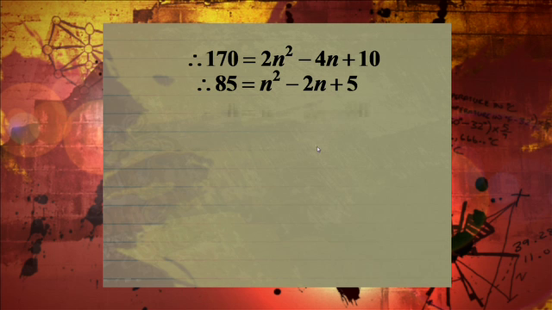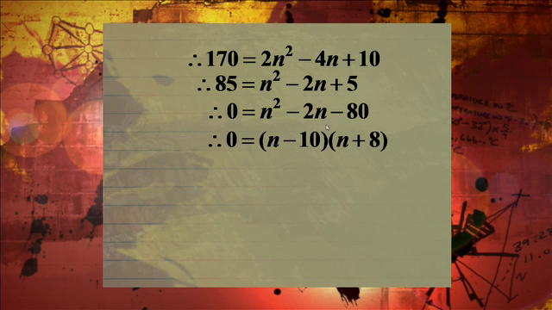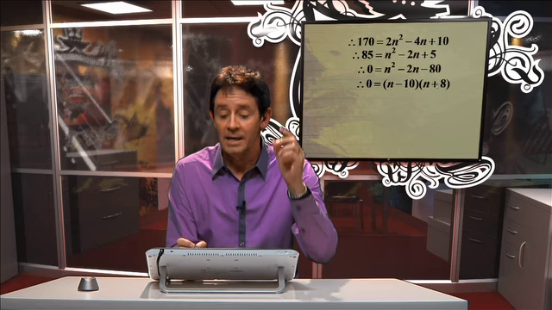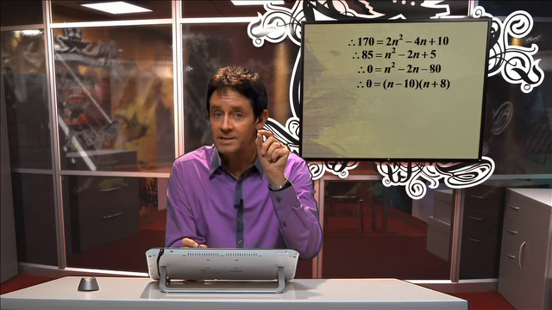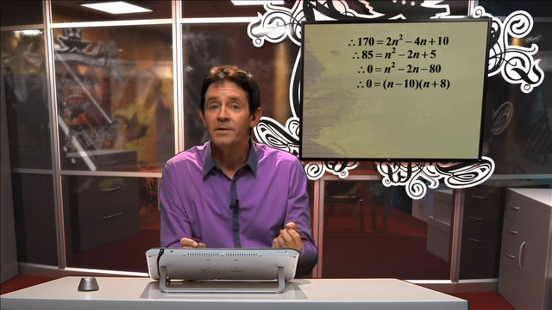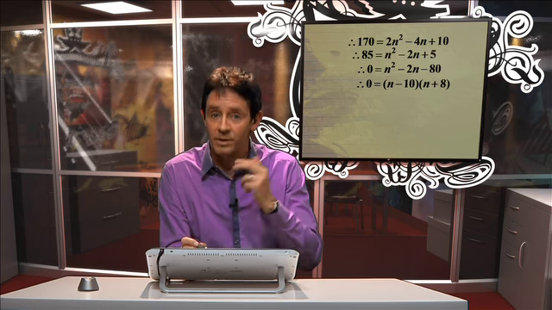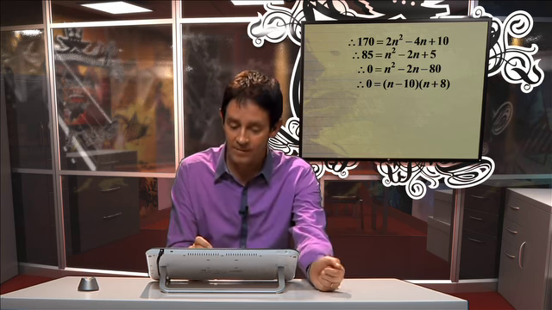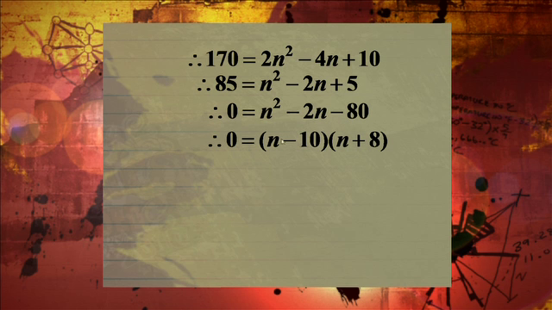What's 5 minus 85? Negative 80. Factorize. If you remember the factors, the signs must be different, and then 10 times 8 will work. Remember, if that sign at the end is negative, the signs in the bracket are different. Remember that rule from grade 10. And if the sign is a plus, the signs will be the same. So you factorize this.